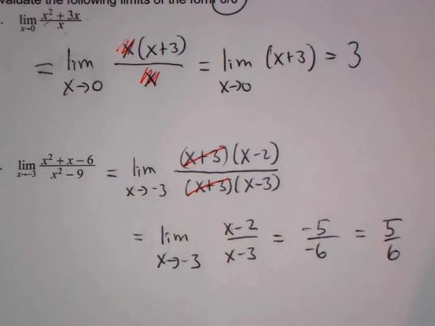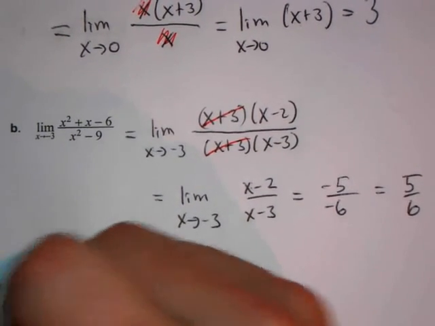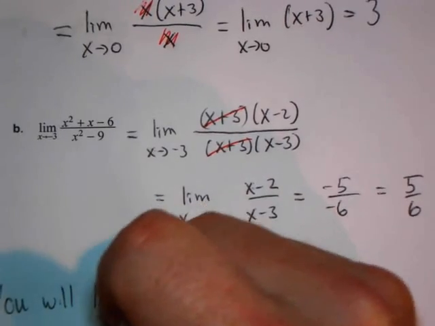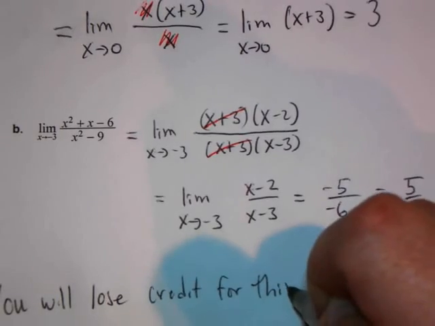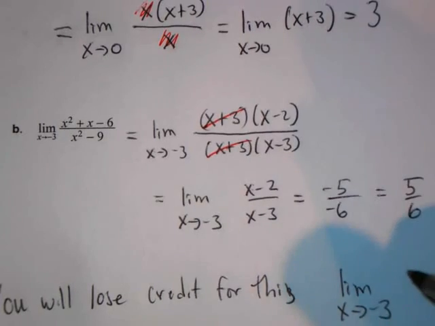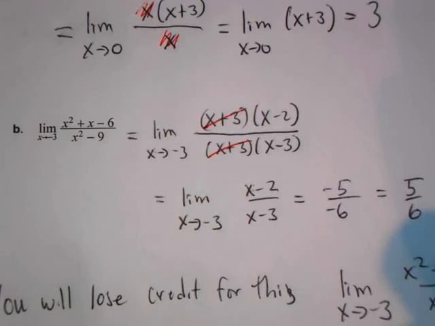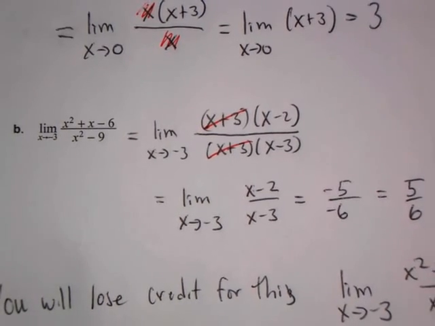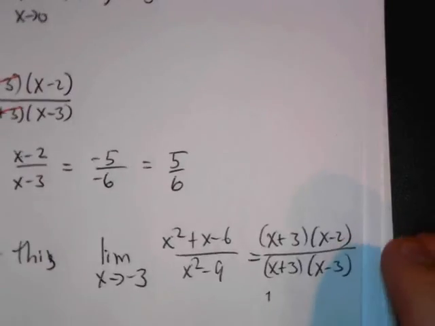Something that I see students do a lot, and that you will lose credit for, is they will write limit as x approaches -3 of x squared plus x minus 6 over x squared minus 9 equals x plus 3 times x minus 2 over x plus 3 times x minus 3. You will lose credit for writing that. Oops, let me slide it over so you can see it.